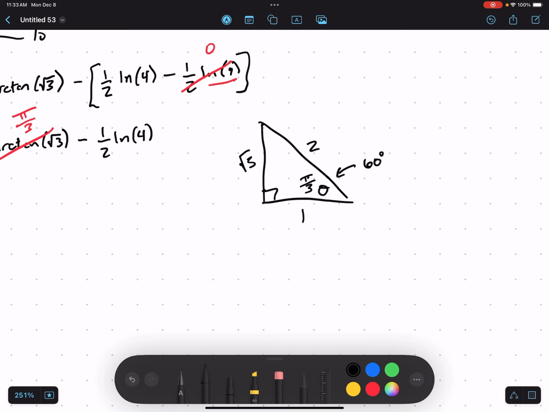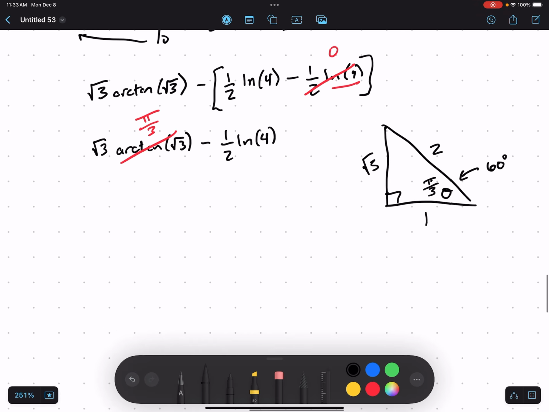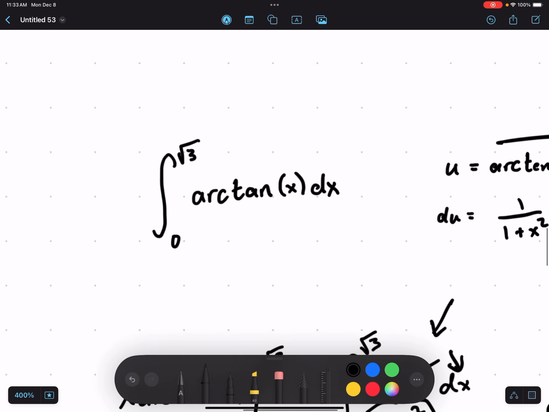And the tangent of this is square root of 3 over 1, which is what we have here. So this simplifies down to just pi over 3. So what we've got is square root 3 pi over 3 minus 1/2 ln, in parentheses, remember, 4. And that is the solution to this integral.